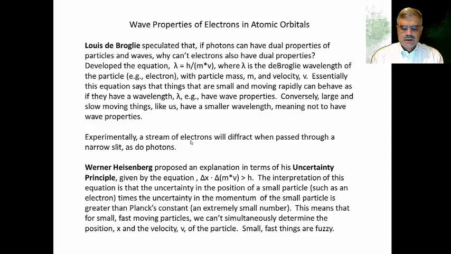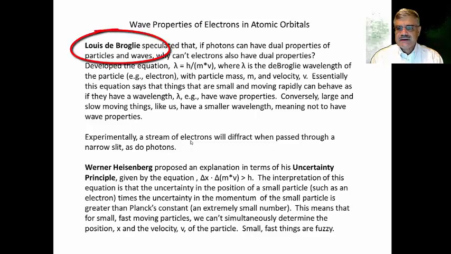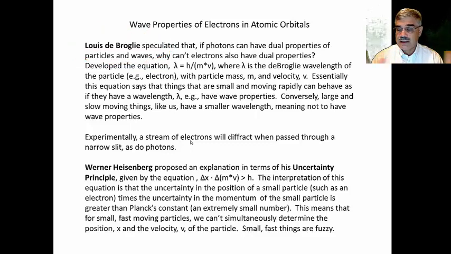Okay, some other important scientists and other aspects about electrons and their properties. Louis de Broglie speculated that if photons can have dual properties of being particle-like and wave-like, as Einstein had posited, why can't electrons also have dual properties? They're small as well. They're not, of course, massless as a photon is, but they're small.